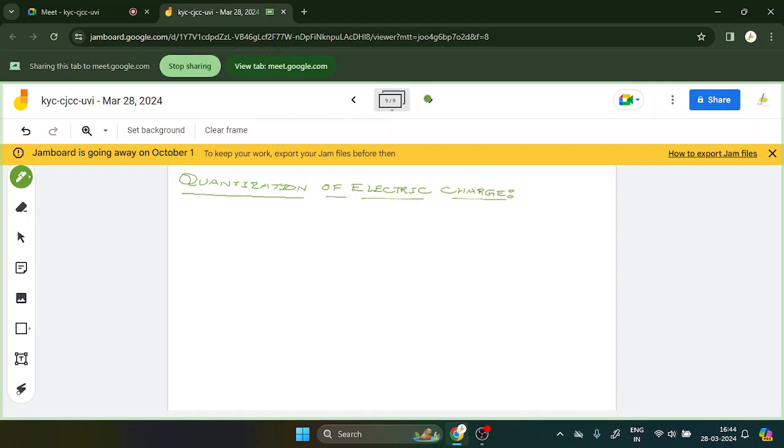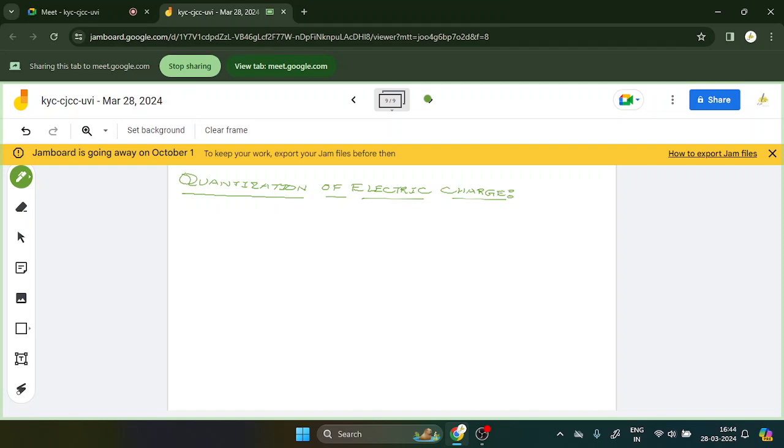Very easy. Quantization of electric charge means that the charge cannot be divided indefinitely. It is quantized. That is called the quantization of electric charge.